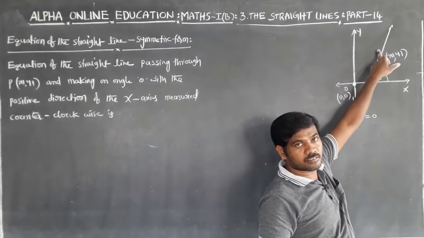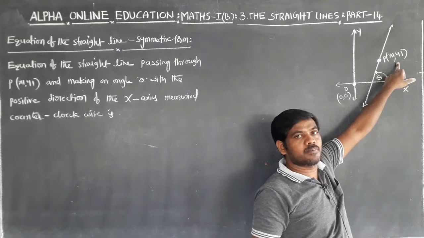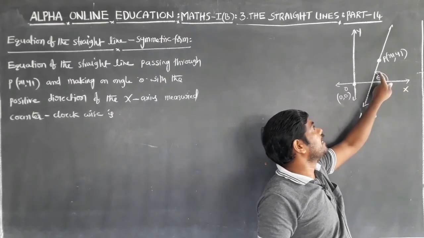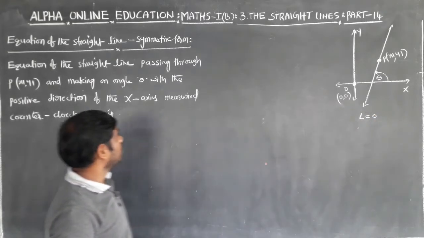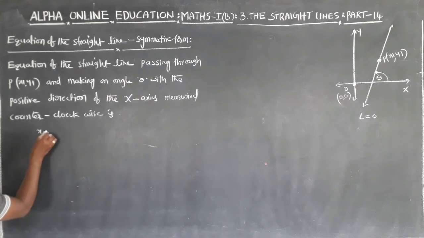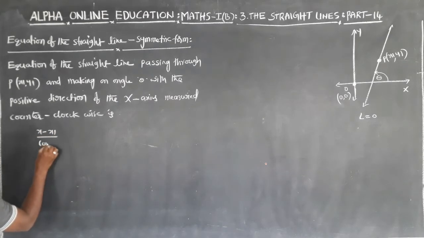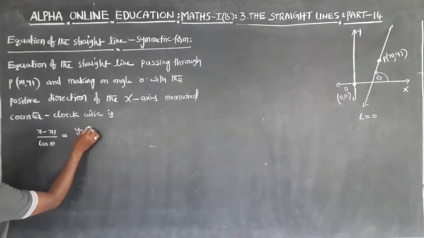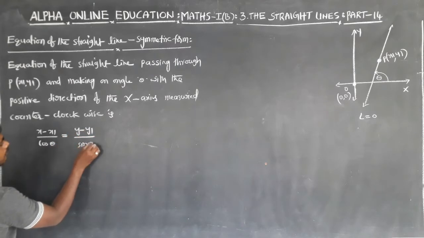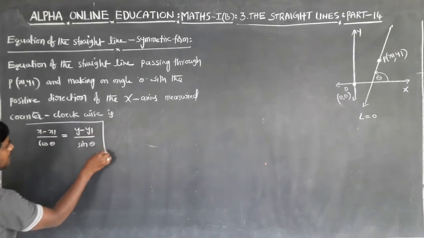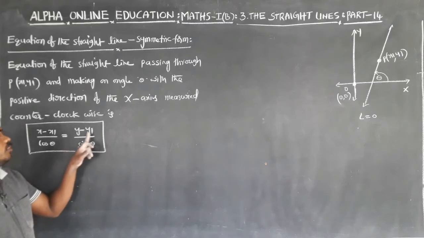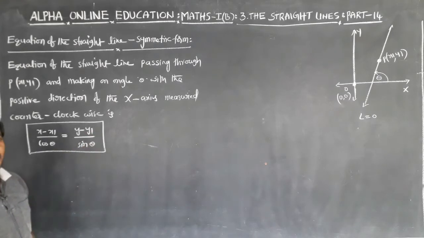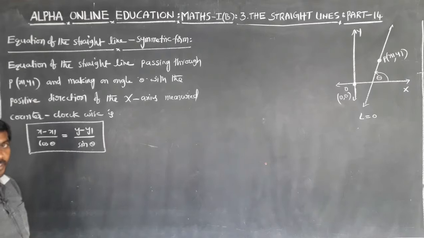The equation is (x minus x1) by cos theta is equal to (y minus y1) by sin theta. This is the equation of the straight line in symmetric form.